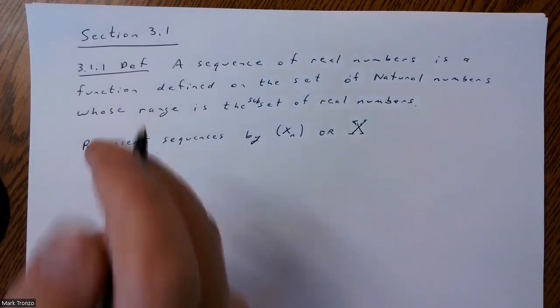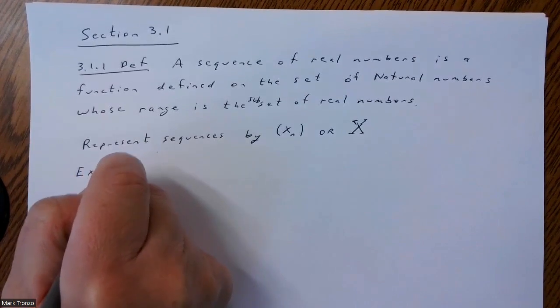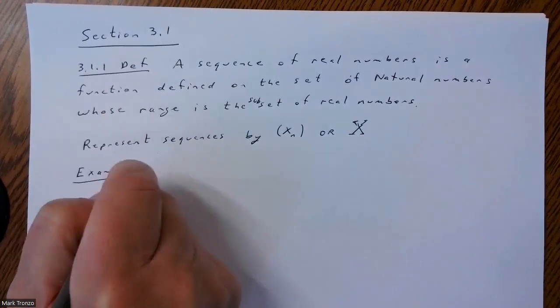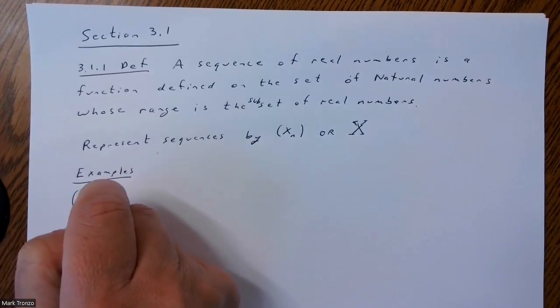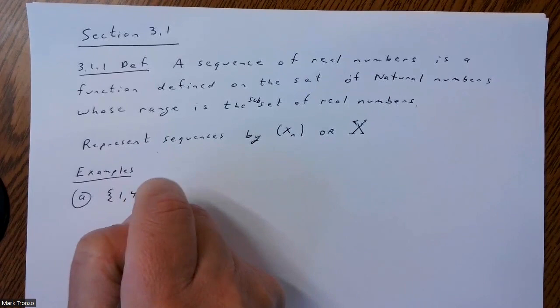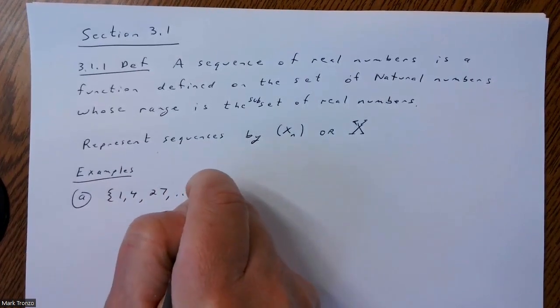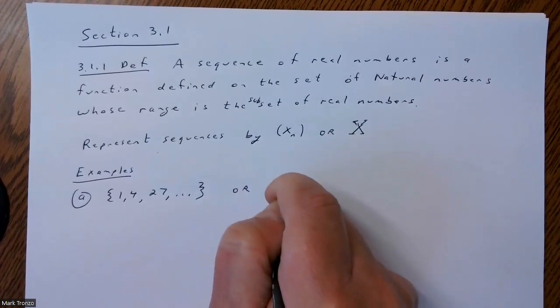But you'll know from the context what it is. And some examples are ones that, again, you've done in Calc 2. So you could have something like this, a sequence, and you could represent it that way.